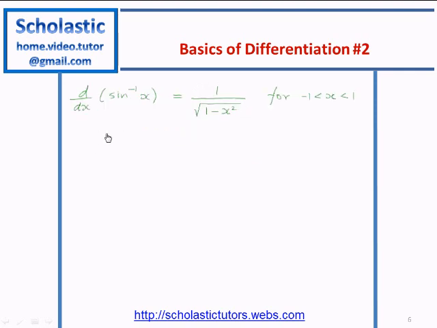Okay, let's see inverse trigonometric functions here. d over dx of sine inverse x is equal to 1 over square root of 1 minus x squared, for x between -1 and +1. Similarly, cos inverse x differentiated with respect to x will become negative of 1 over square root of 1 minus x squared, for x between -1 and +1.